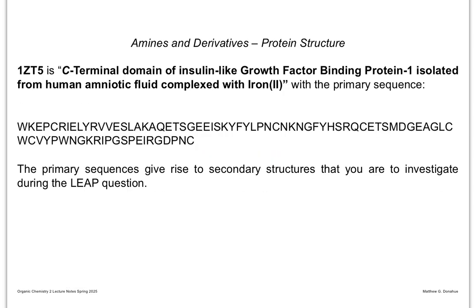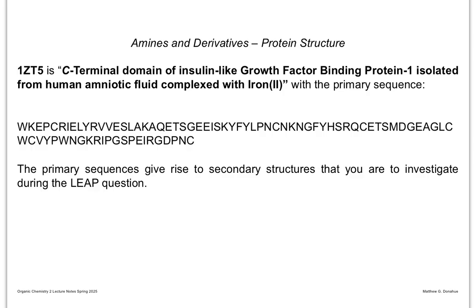So the primary sequence is shown in the middle of the slide here. And again, the sequence is written in the one-letter abbreviations for the amino acids. So you have your C terminus and then your N terminus. Remember the rules for reading that.